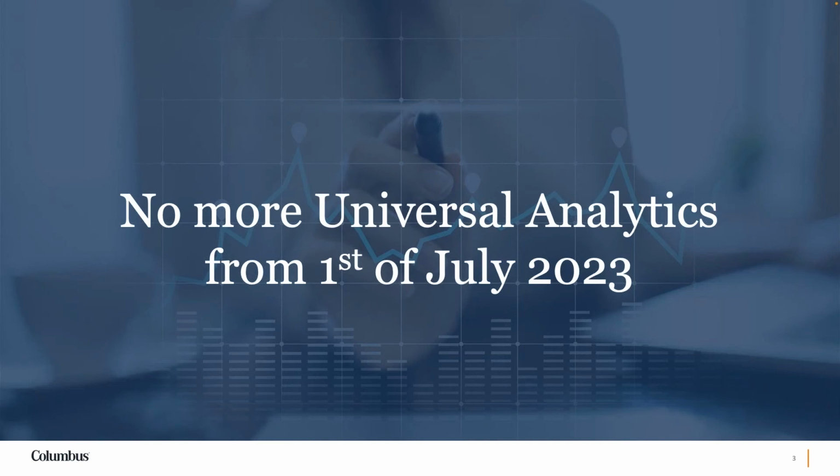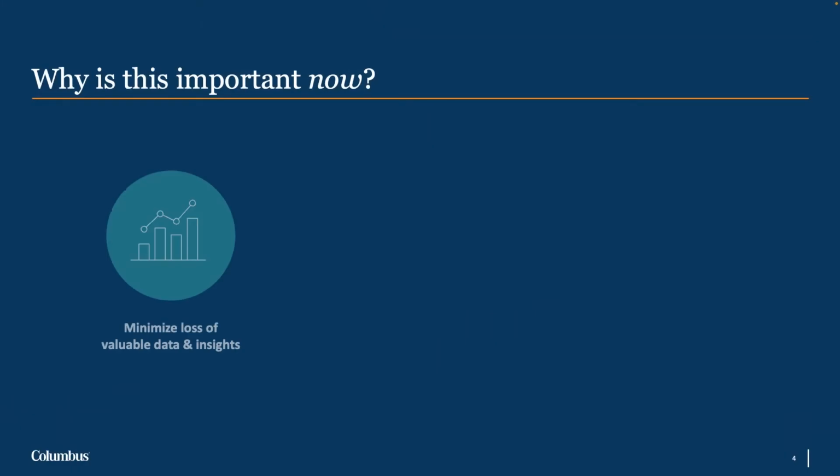What is GA4 and what the values are and the differences between Universal Analytics and GA4, and also a little about the implementation process. But why is it so important to change now already? It is over a year till the deadline. And the main reason is that you don't want to lose any valuable data or insights from the analysis tool.